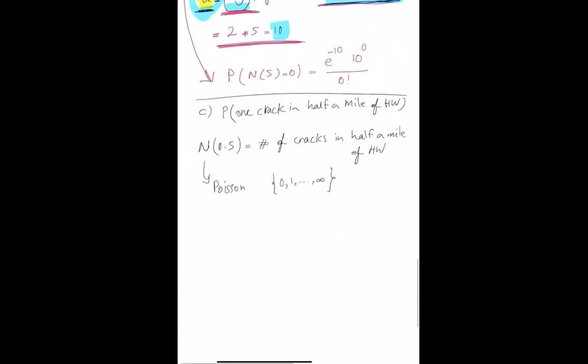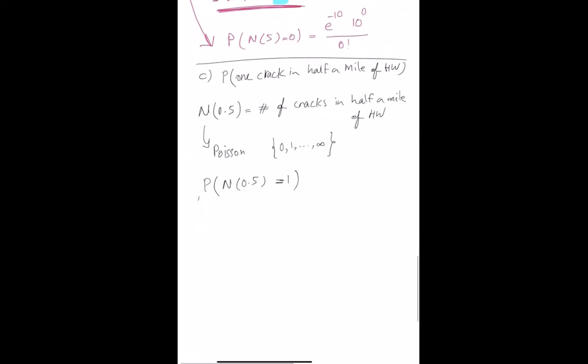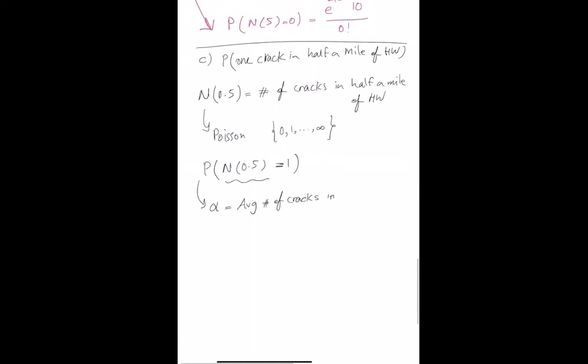However, to be able to answer questions related to this random variable, for example, the probability that the number of cracks in half a mile of the highway is 1, I have to find the corresponding alpha, and the corresponding alpha shows the average number of cracks in the same length of the highway that this question is asking.